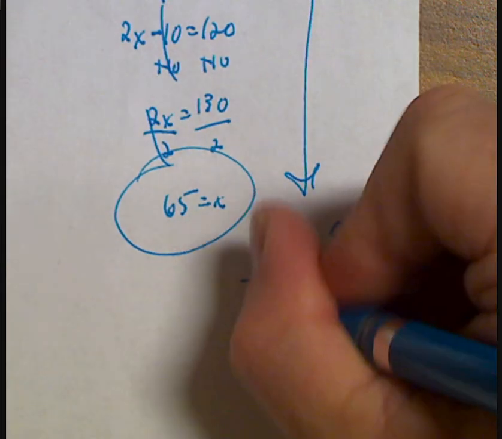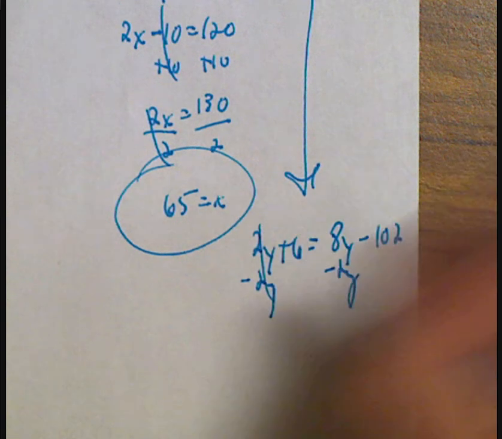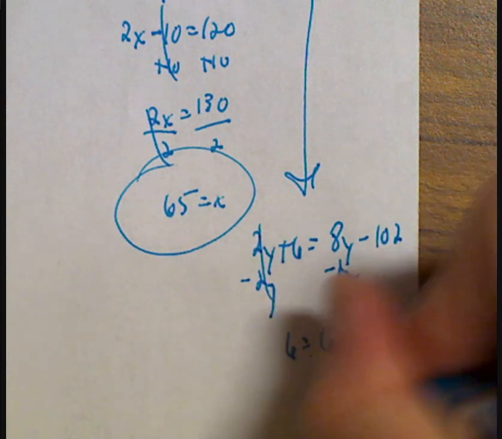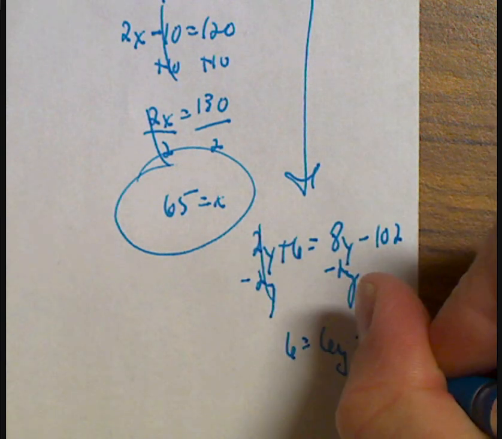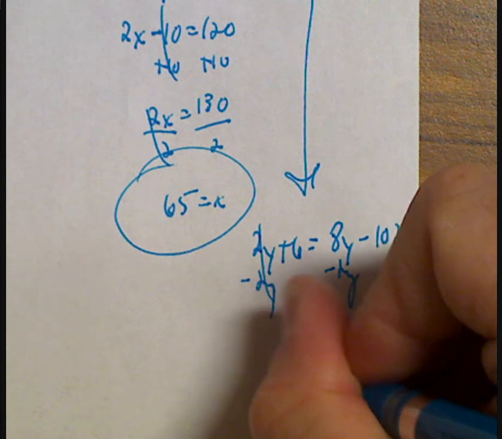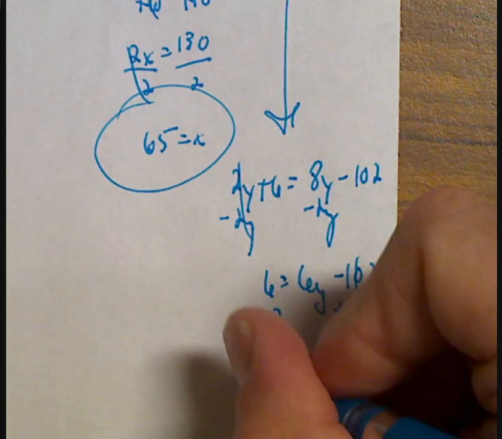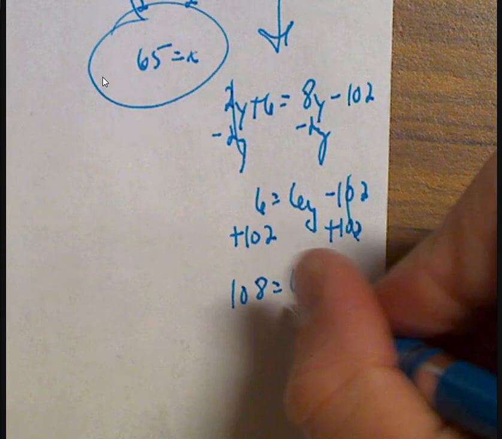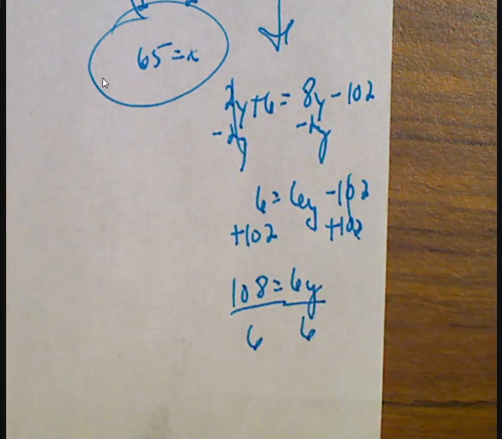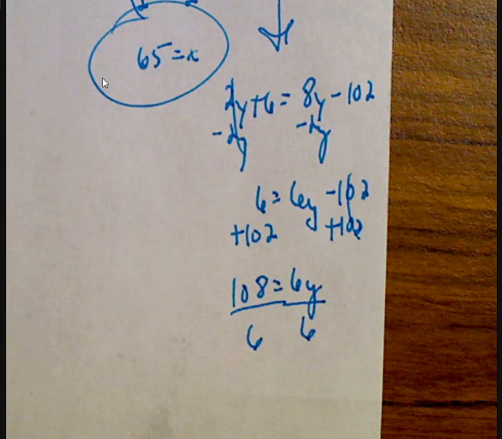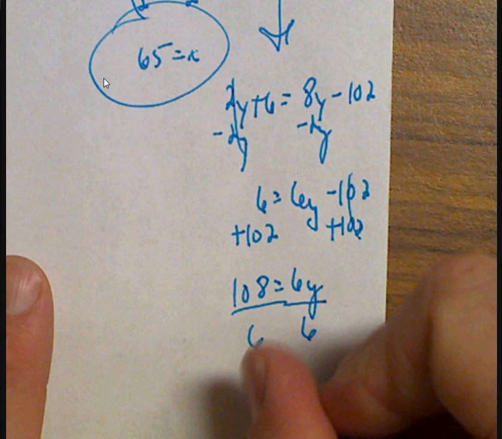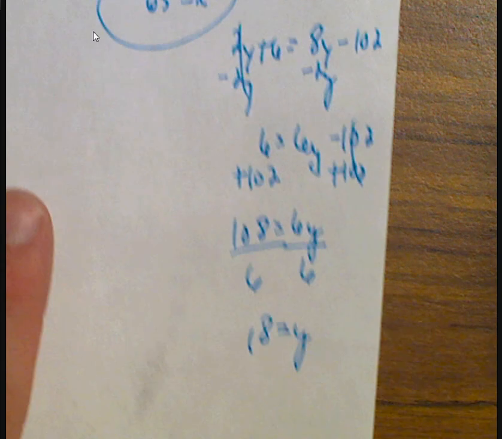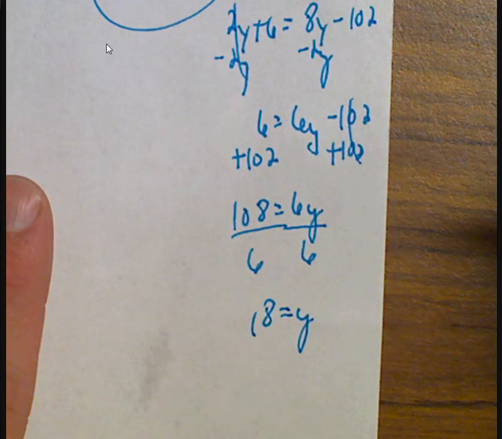So minus 2y, minus 2y, 6 equals 6y minus 102. I'm going to add 102 to both sides. That gives me 108 equals 6y. Divide by 6, divide by 6. 108 divided by 6 gives me 18. So I know y has to be 18.